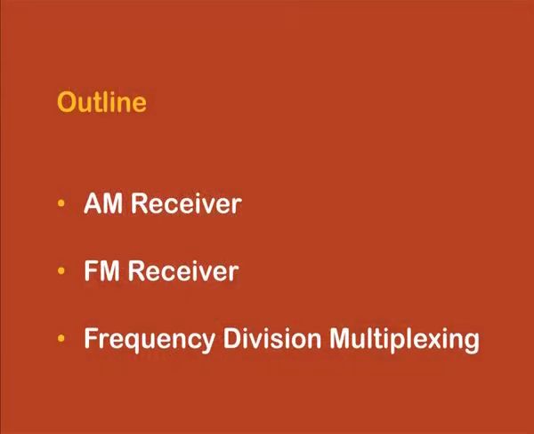Today we are going to talk about the modified blocks which are specific to AM and FM receivers. This has to be seen in conjunction with the discussion in the previous lecture regarding super heterodyne receivers, and after that we will talk about one of the most important uses of modulation, which is frequency division multiplexing.